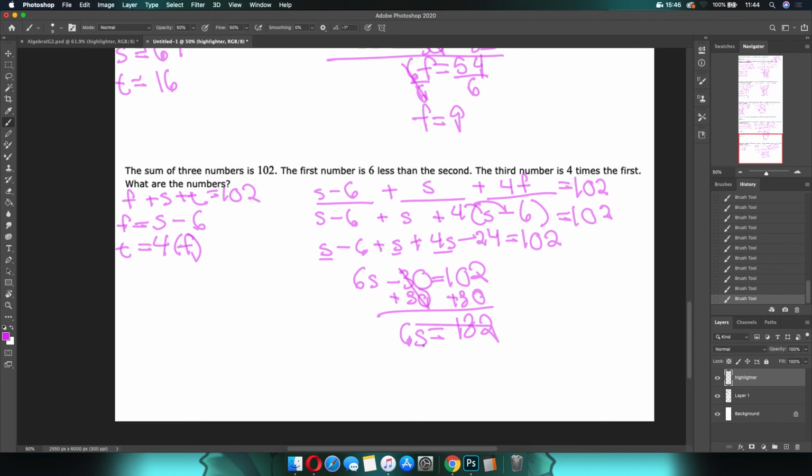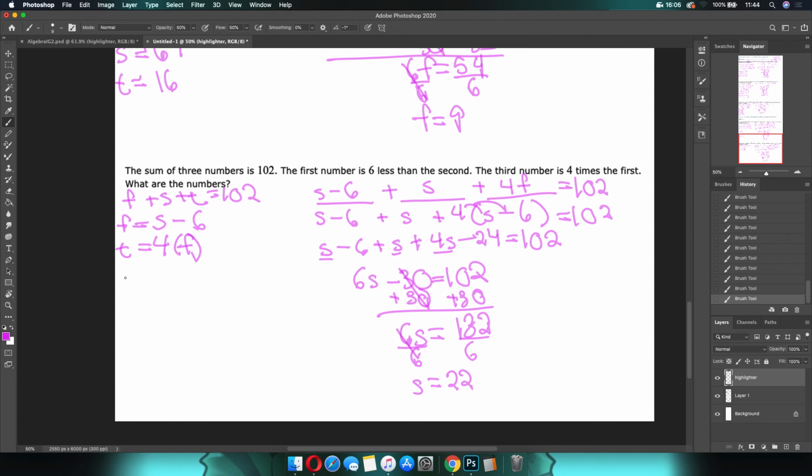Then we're going to divide by 6. So s equals 132 divided by 6, that's 22.